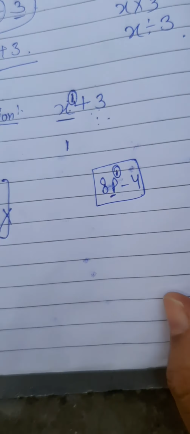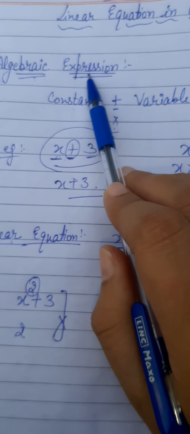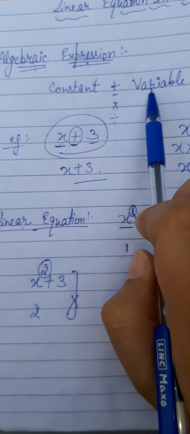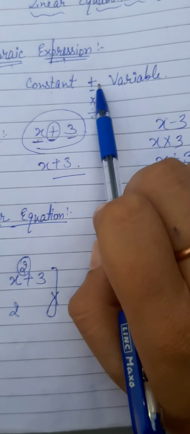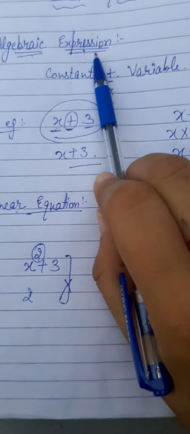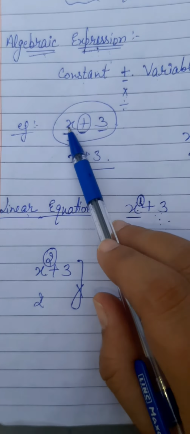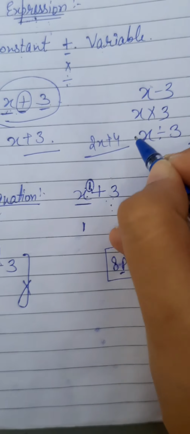Is it clear? I am repeating again. What is an algebraic expression? An expression in which constant and variable join with some operation. Examples you can take: x plus 3, 2x plus 3, 4x plus 4, 2x plus 4.